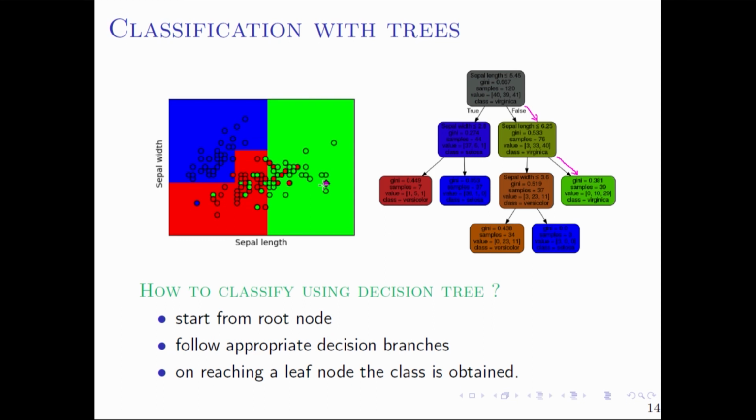Here we first went to the right child because the sepal length is more than 5.45. Then there is again a division over the sepal length, and it again goes to the right side. Then we found a leaf node which has more virginica samples. So we say that the magenta test point has the class label virginica, right?